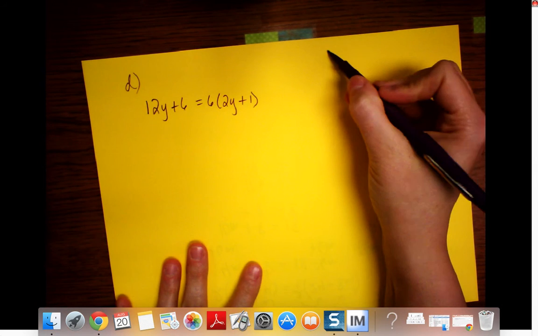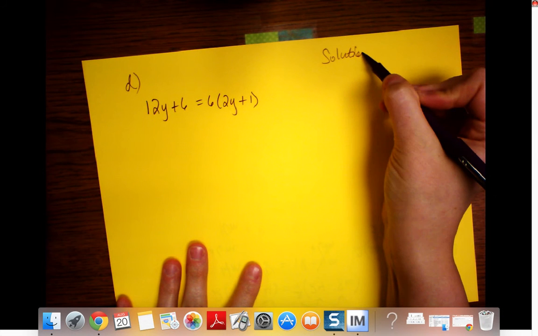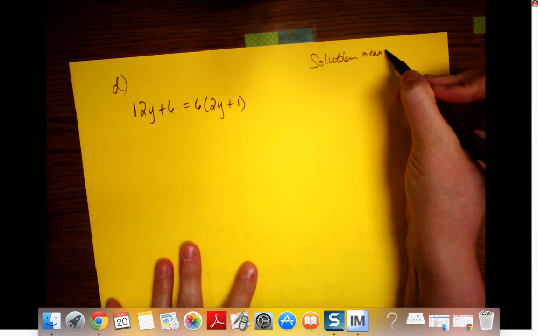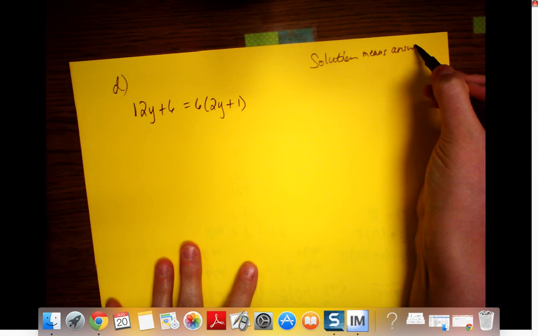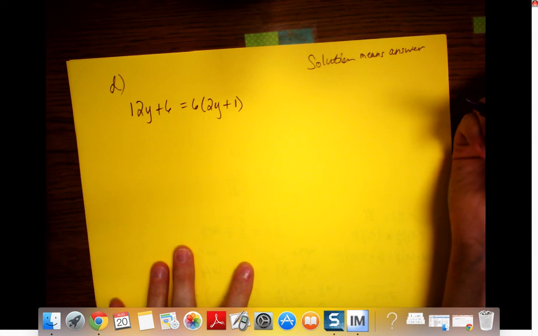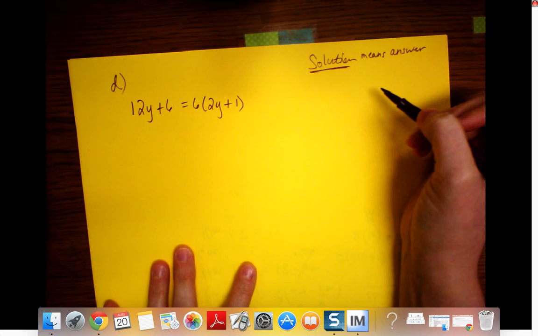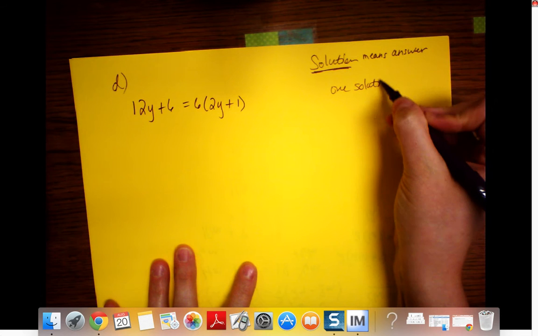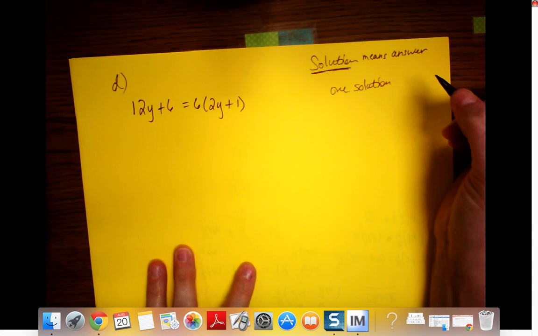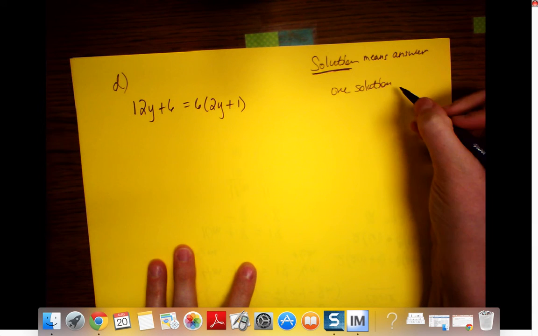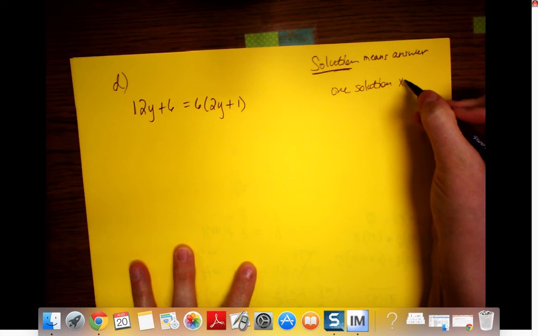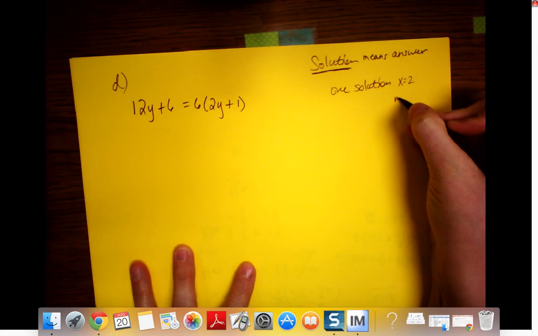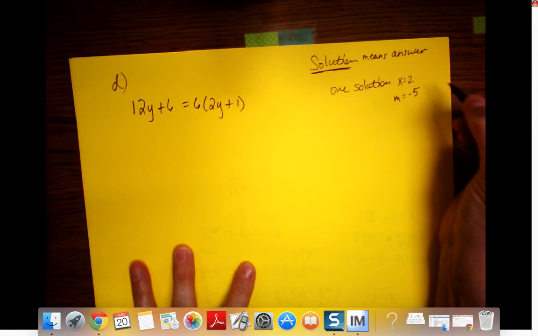Now solution means answer. So when you're finding the answer to an equation, you're finding the solution. So one solution will mean one answer. So for example, x equals 2. That is one answer. Or m equals negative 5. That is one answer.